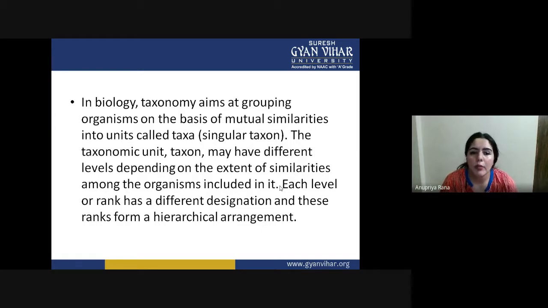The taxonomic unit, or taxon, may have different levels depending on the extent of similarities among the organisms included in it. So basically, all the taxa have their own perspective about similarities. Sometimes some features inside even a group do not match, but the degree of resemblance should be higher than the degree of differences.